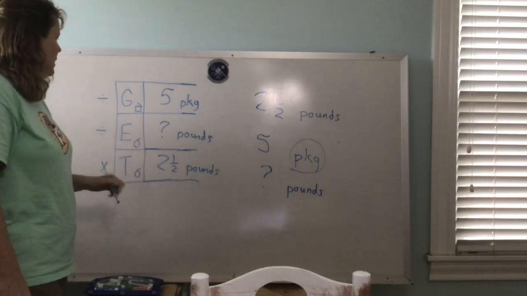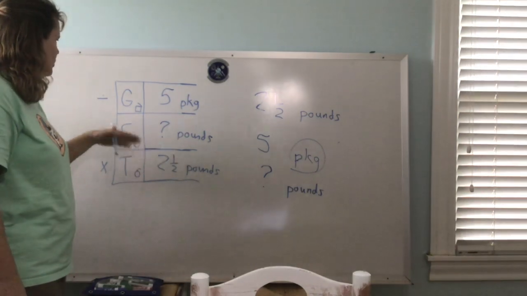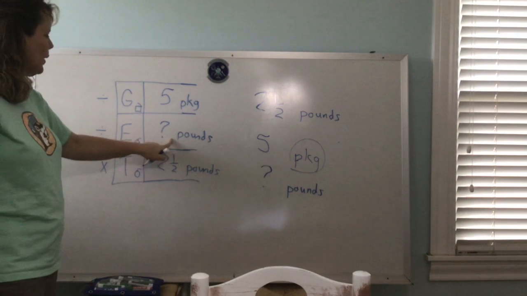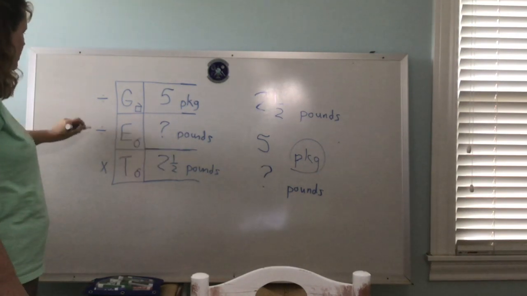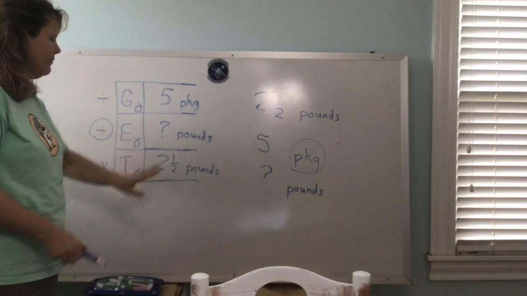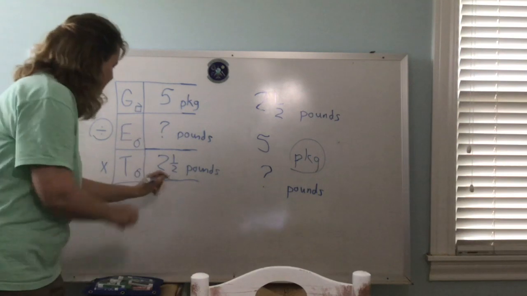That's our total. We don't know how many pounds in each package, but we do know that we have 5 packages. That's our group. Our question mark leads us to know that we have to divide.